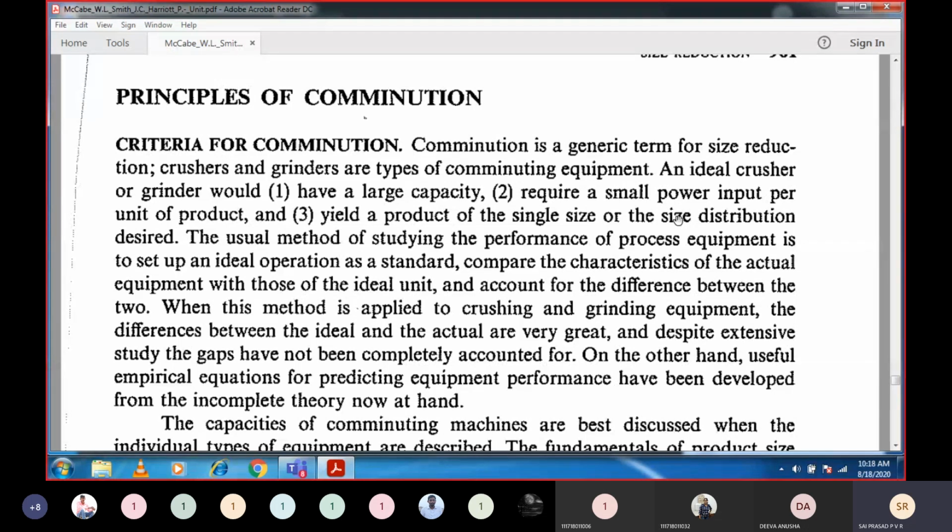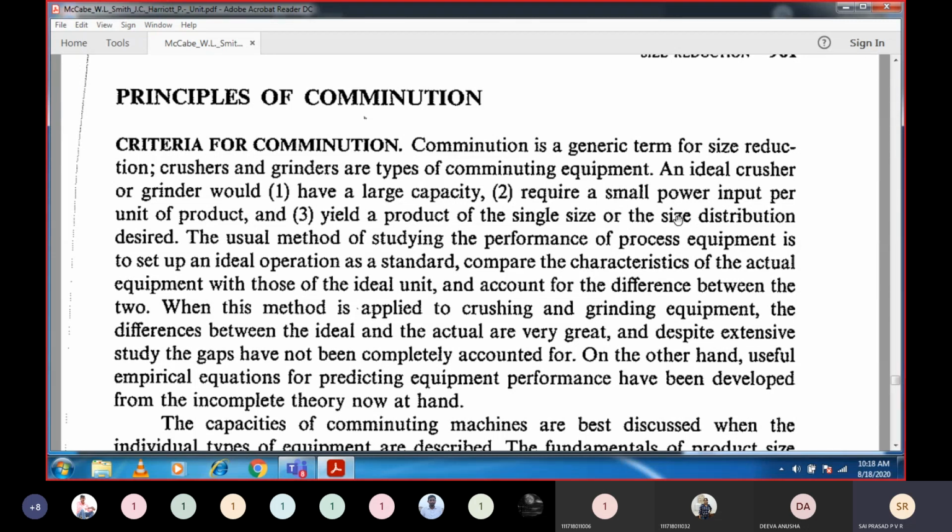But dear children, in reality this is not at all possible because we deal only with what? Heterogeneous materials. In heterogeneous materials, the concentration of the active materials in the line of application of force varies, so sometimes a 10 centimeter particle may come out as it is. But in the second orientation, the second time when you put it, it may crush.